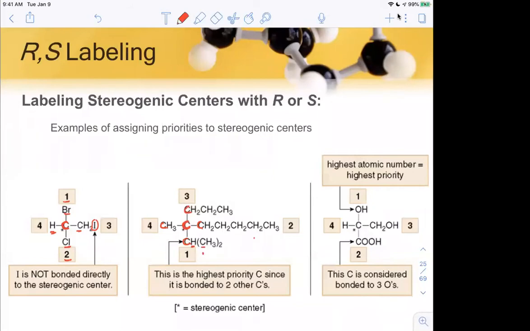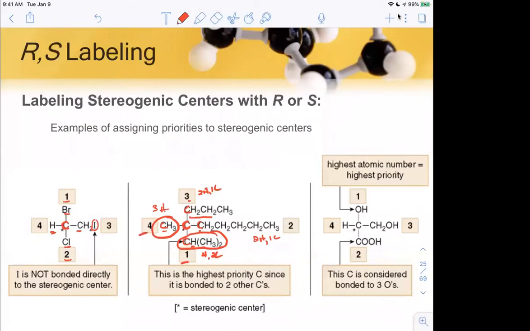So this has a hydrogen and 2 carbons. This guy has 2 hydrogens and 1 carbon. This guy has 2 hydrogens and 1 carbon. This guy has 3 hydrogens. So this is number 4, it's my lowest priority. This is number 1, it's my highest priority.